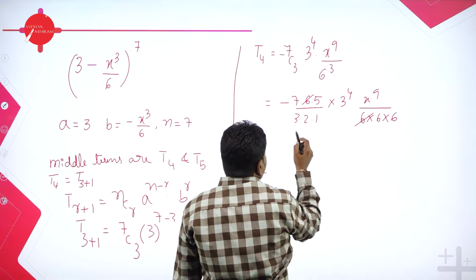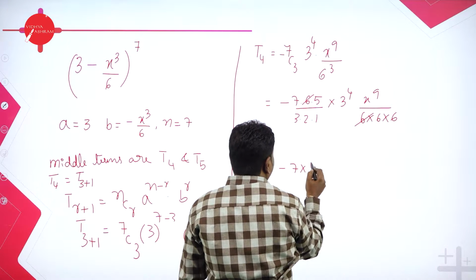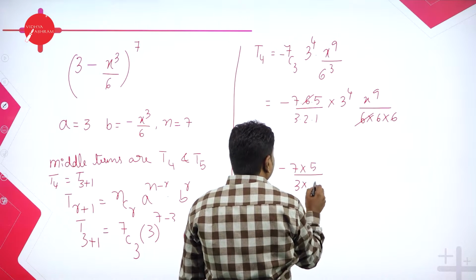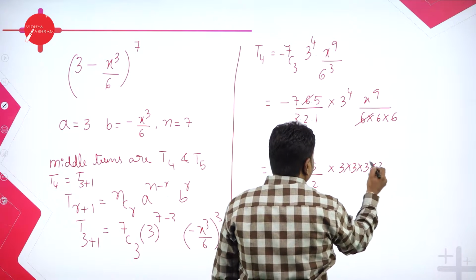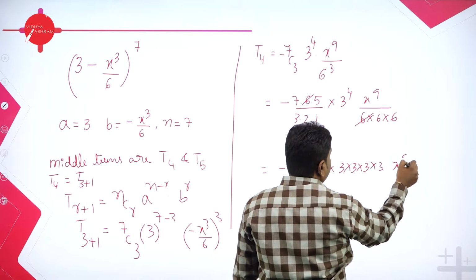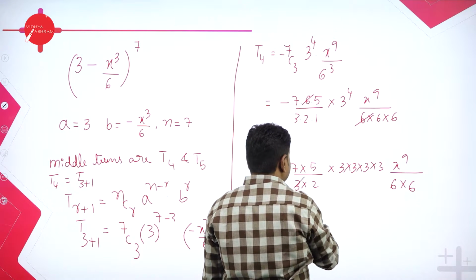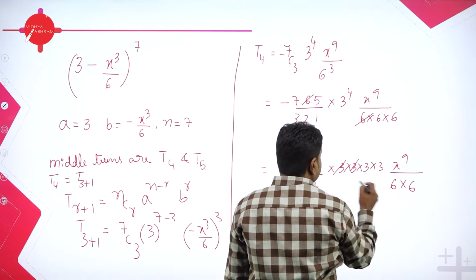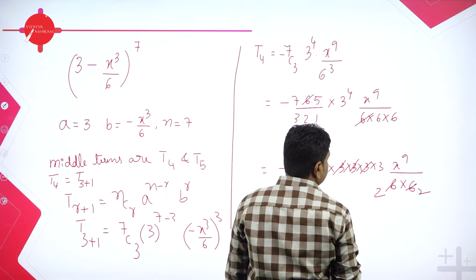Further we have minus 7 into 5 divided by 3 into 2 into 3 into 3 into 3 into 3, x power 9 divided by 6 into 6. So you know 1 3 1 3 I can cancel. 3 ones are 3, twos are, again 3 ones are 3, twos are.